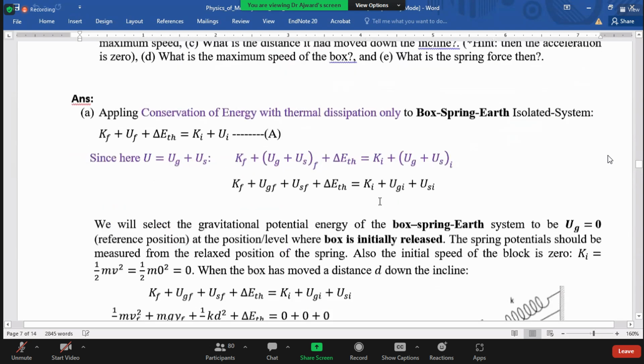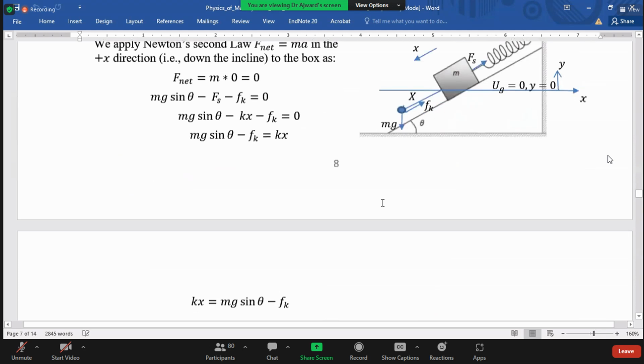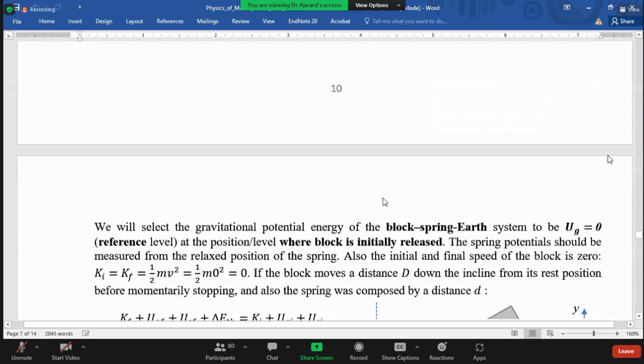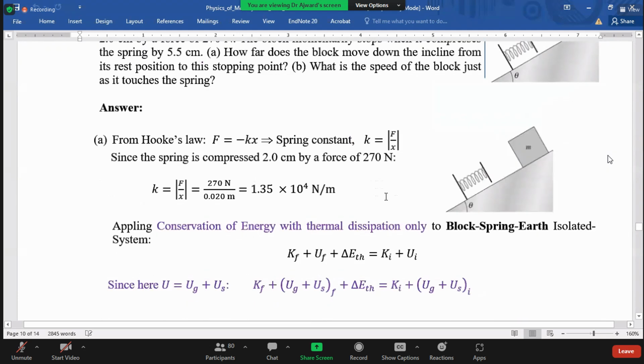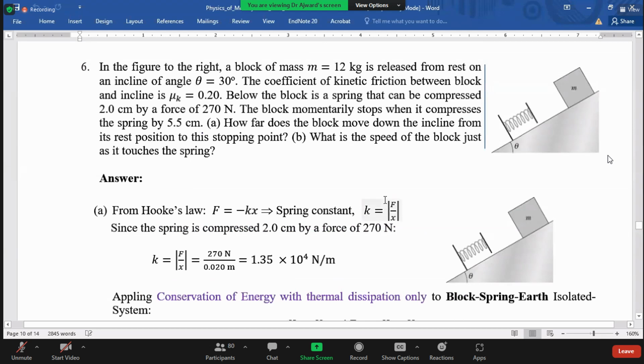And let's go through problem 6 first. Can you read the question? This is the question from tutorial 5, quiz 3.